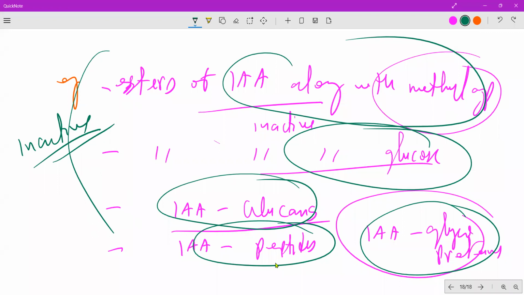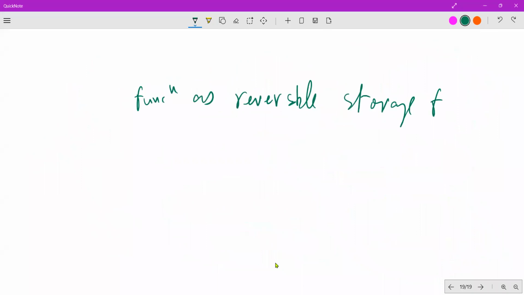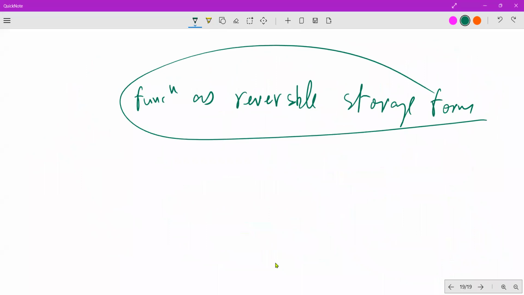Is this very clear? And sometimes we say कि ये जो conjugated form है, they function as reversible storage forms. मैं क्या कह रहा हूँ? ये जो conjugated form है, it functions as what? It functions as a reversible storage form. भाई जब जरूरत नहीं है तो conjugate करके उनको store कर दो. जब जरूरत है तो इनको unconjugate कर दो, they become active.